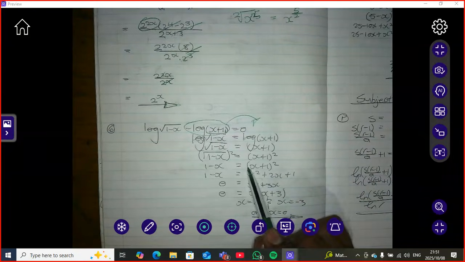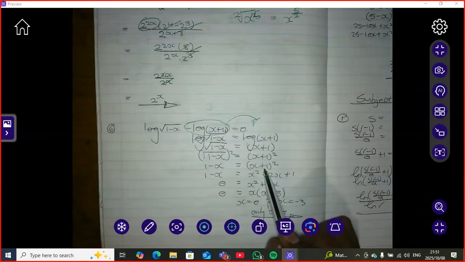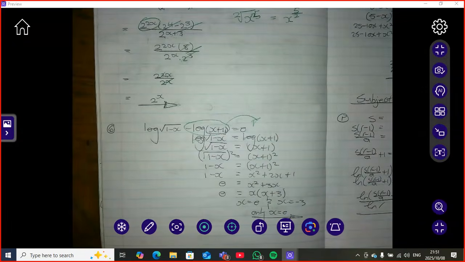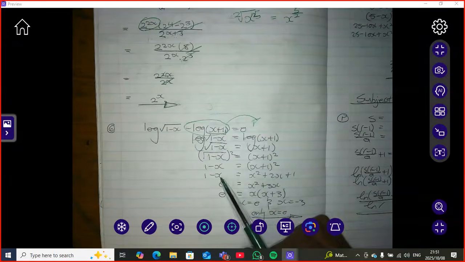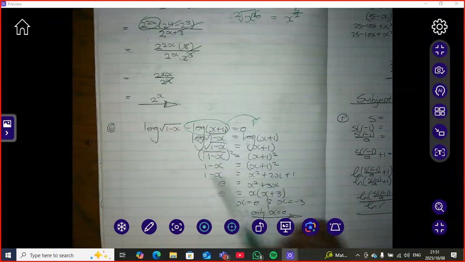I get this bracket here squared. I multiply out my brackets. Then I solve x like normal. So this x comes over, that one goes over.